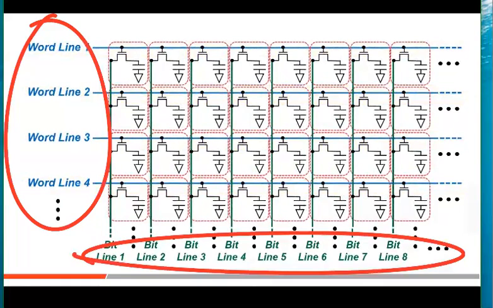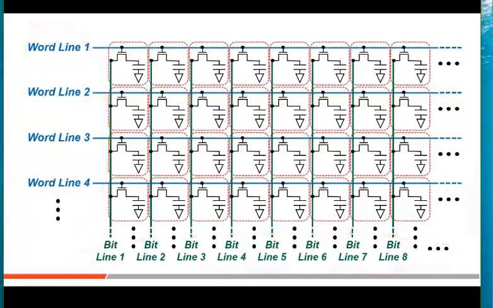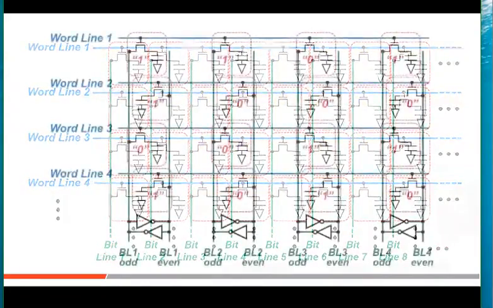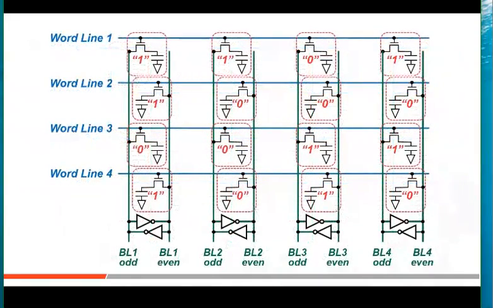Now, high-density DRAM memory cell arrays can be thousands of cells in width and height, so both bit lines and word lines are many cells long. But to explain DRAM operations here, let's simplify to only a 4 by 4 matrix.